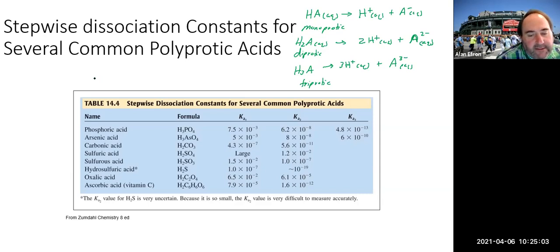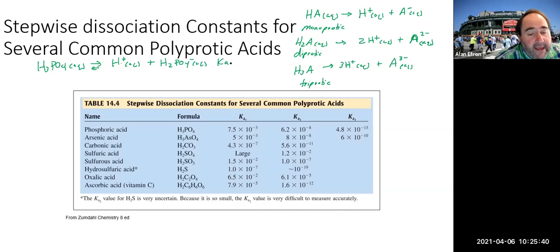As I might have mentioned previously, they come off one at a time. It is a stepwise dissociation. All two H's don't come off at once, and all three H's don't come off at once. So for example, if we have H3PO4, the first thing that would happen is we would drop off our first H plus, and we would be left with H2PO4 minus.